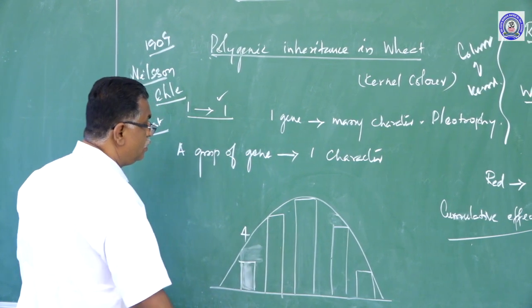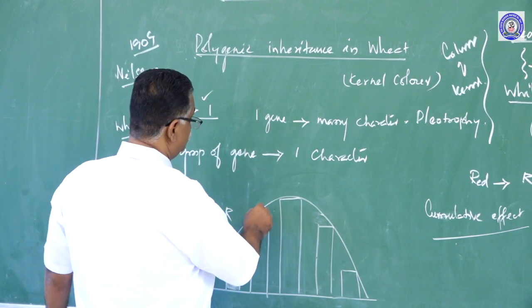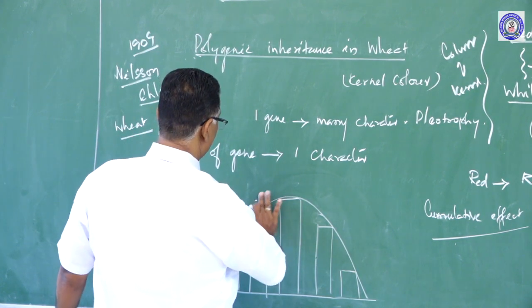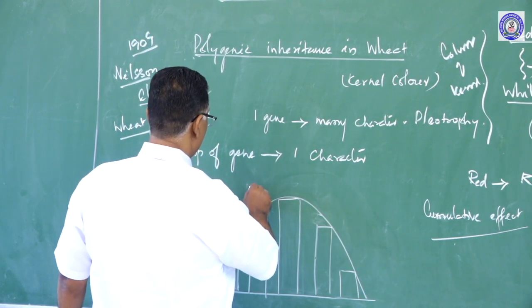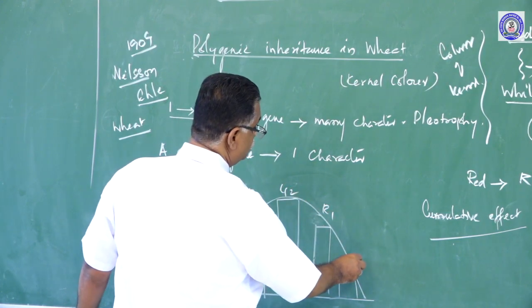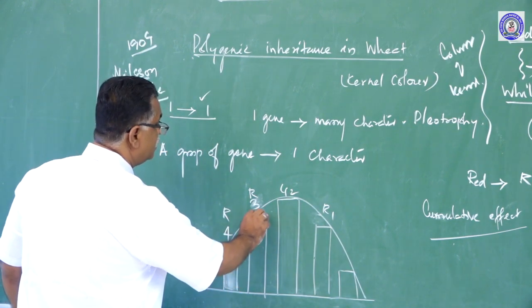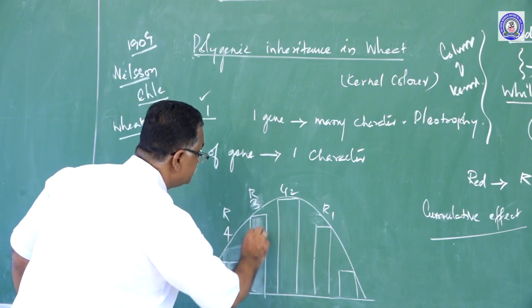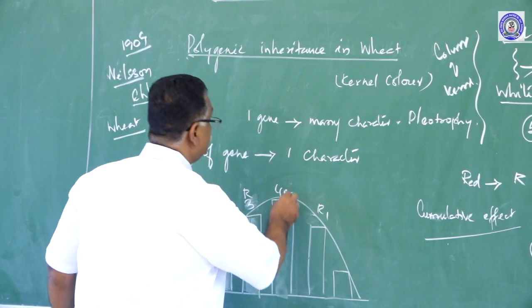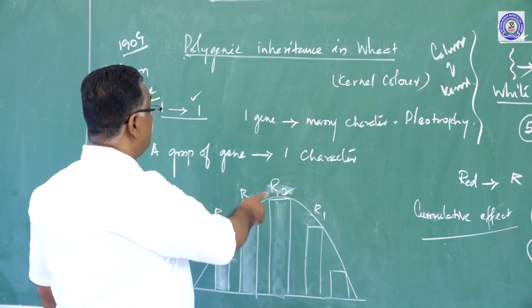This has 4 R's, this has 3, this has 2, and 1. With 4 R's, thick red, and 3 genes, moderate red, and with 2 dominant genes, red.